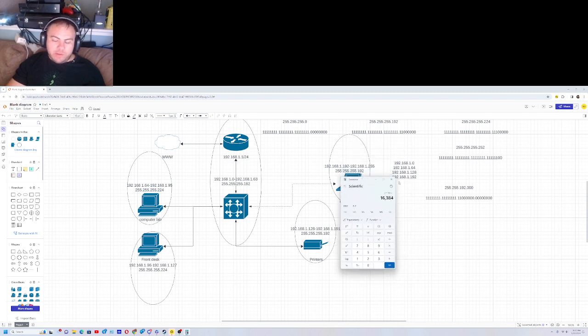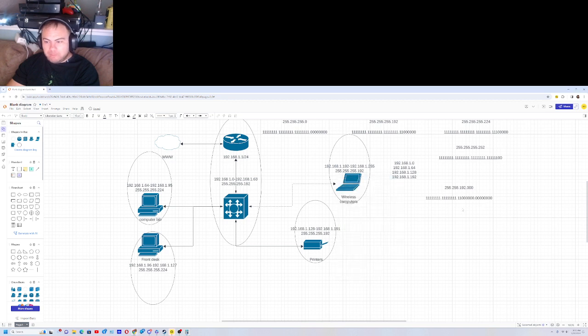Not the way it works, because again, IP addresses, the bits only go up to 255. It only goes 0 to 255. So how do we figure out our range?